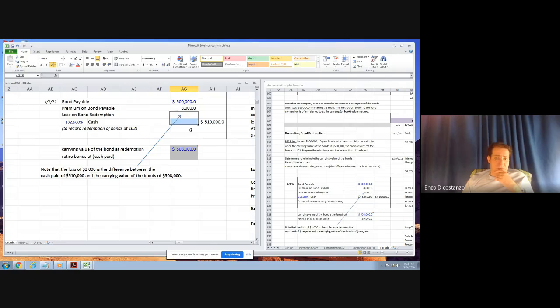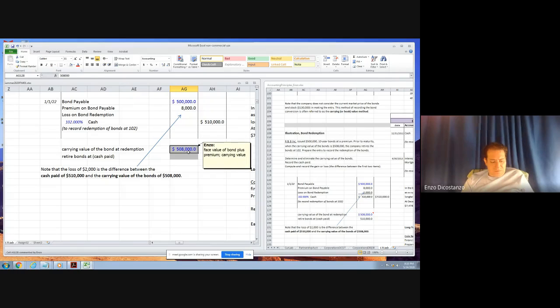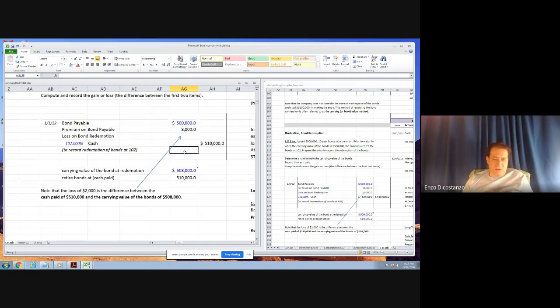Now in terms of the loss, you just got to keep in mind your book value was 508. It says face value of the bond plus the premium, and then at redemption you pay to retire the liability. This liability that you retired, you may have done it early.